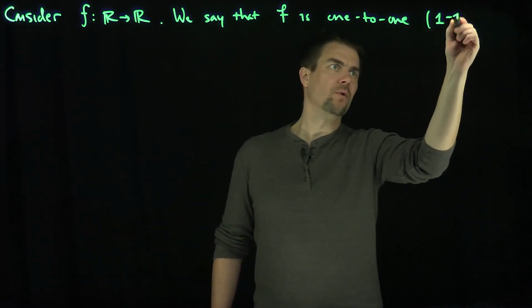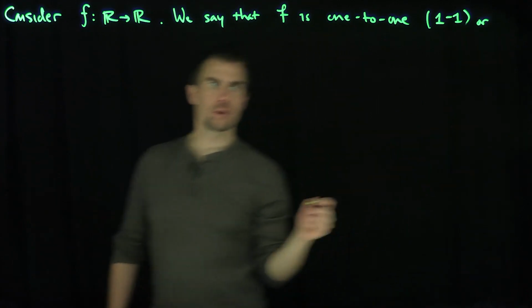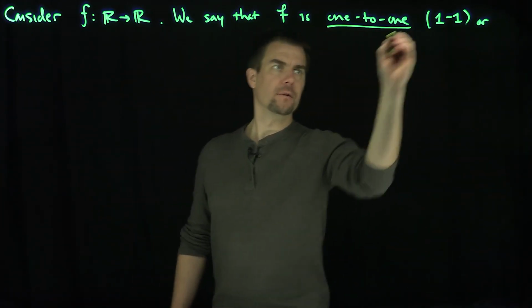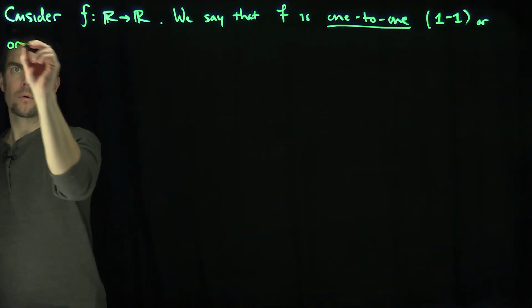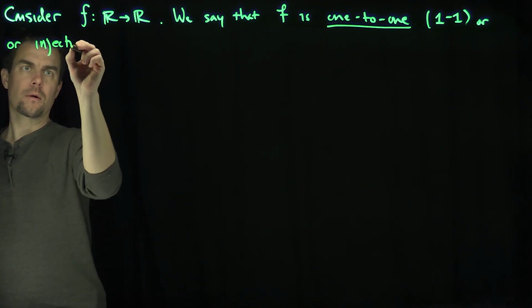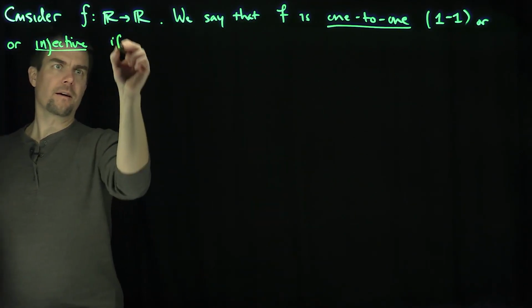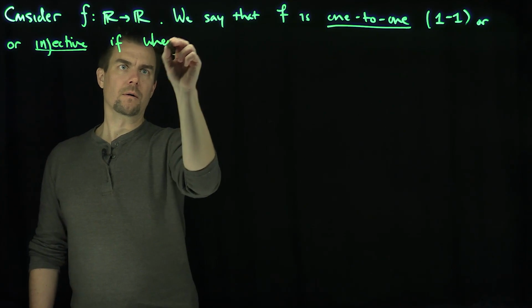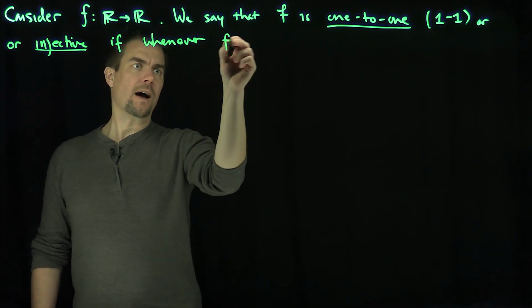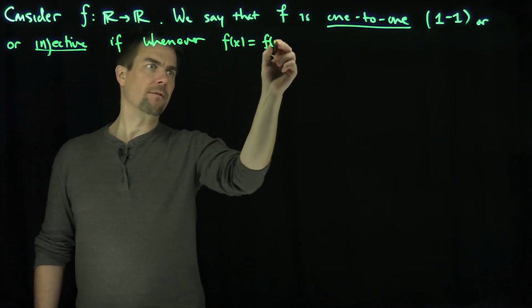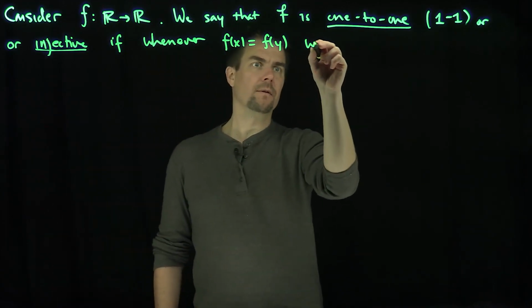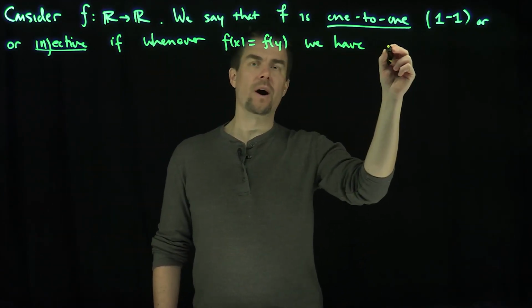Sometimes I'll just write 1-to-1, or we also call 1-to-1 being injective, if, whenever f of x is equal to f of y, we have that x and y are the same value.